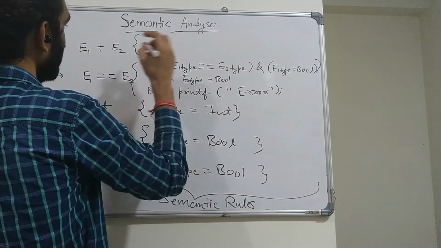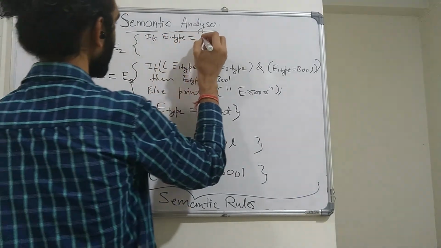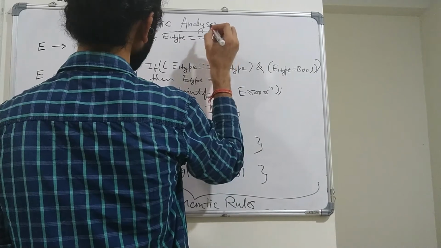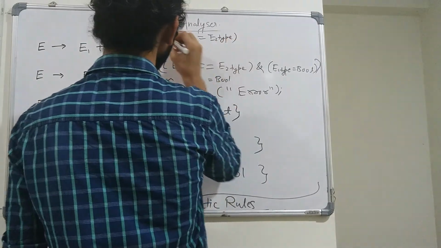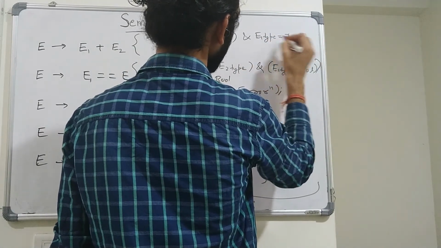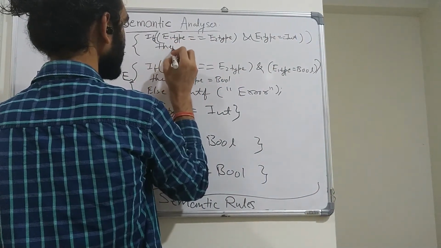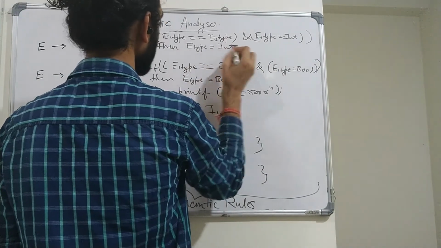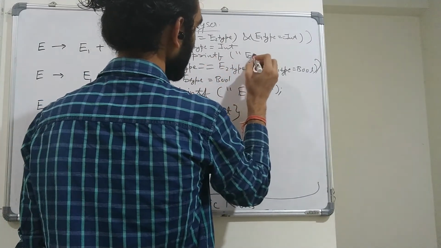Now here what I am going to do is verify if E1 type is equal to integer, or if E1 type is equal to E2 type, and E1 type is equal to integer, what I am going to write here is then E type is equal to integer, else printf error.